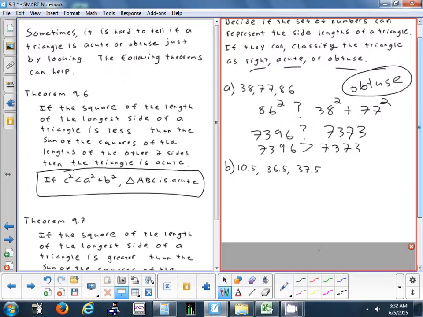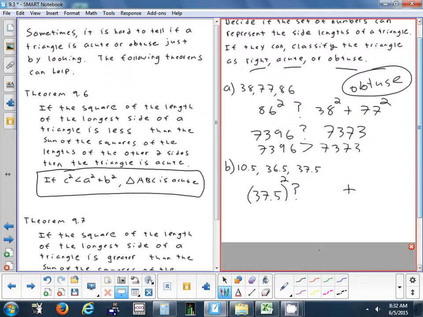Okay, Brian, what would I set up to figure out what kind of triangle I've got? What goes on the left? 37.5 to the second power.